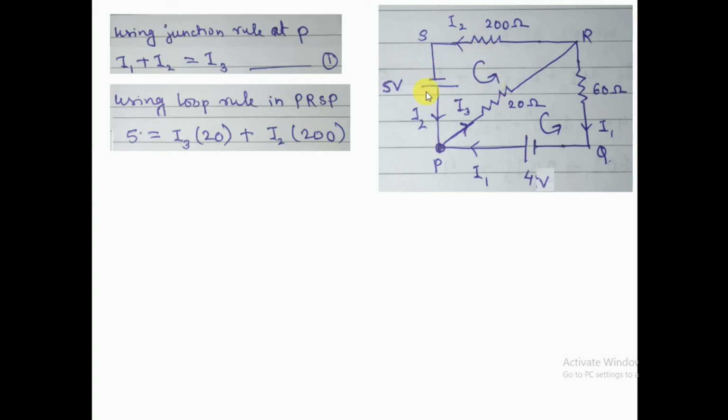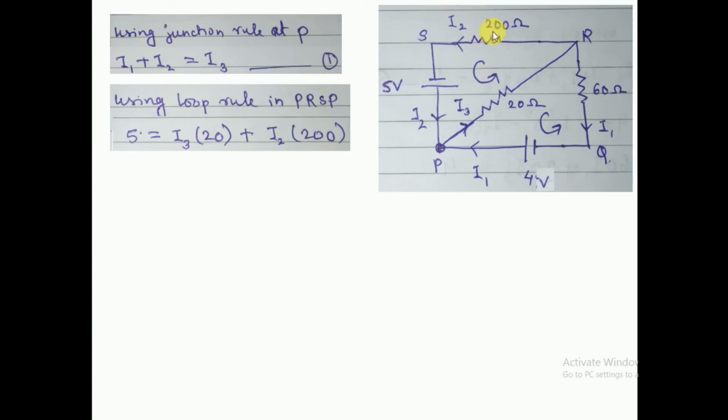So plus 5 is equal to, now I'll take this 20 ohm. In this 20 ohm, current is going upward, and my loop is also going upward here, so 20 I3 is positive. Now I'll go to this 200 ohm, and in this 200 ohm, current I2 is flowing towards the left, and if you take this loop, it is also flowing towards the left at the top.